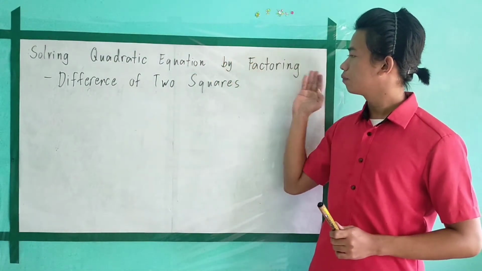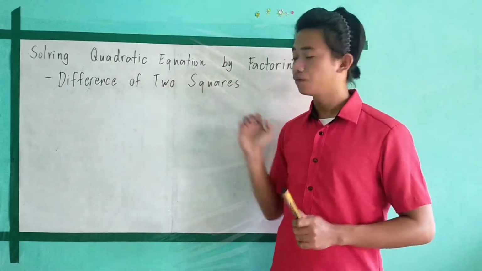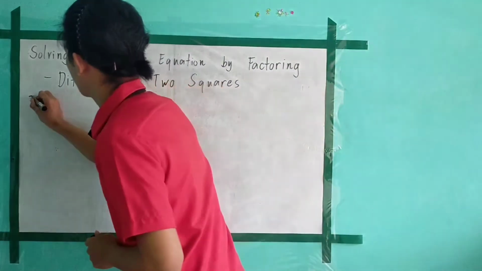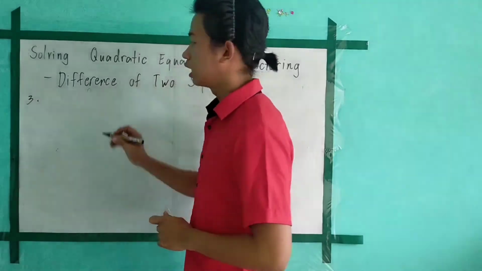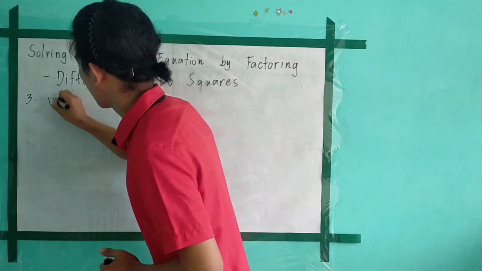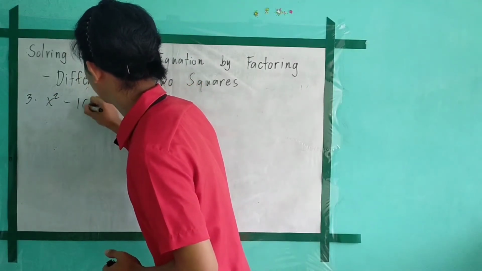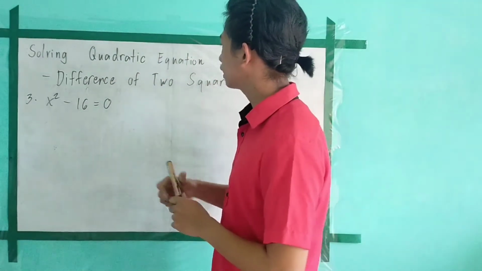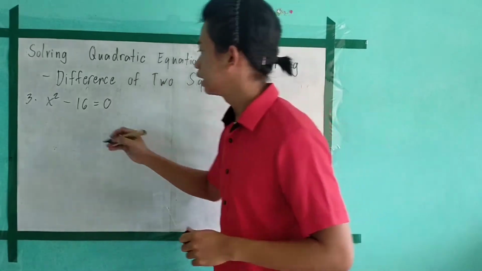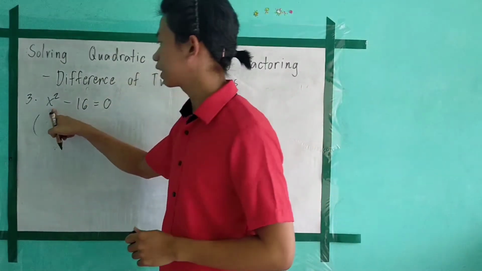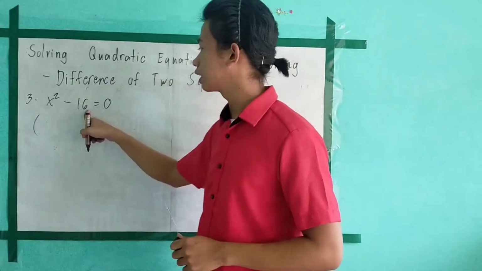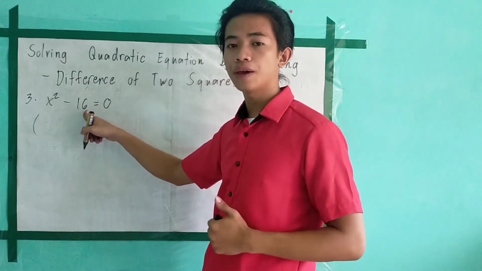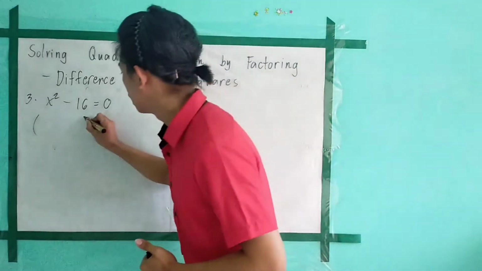Solving quadratic equations by factoring using difference of 2 squares. So let's have problem number 3. Our problem number 3 is x squared less 16 is equal to 0. So, ang technique ng difference of 2 squares, square root lang natin yung first term, square root ang second term, and then form tayo ng sum and difference.